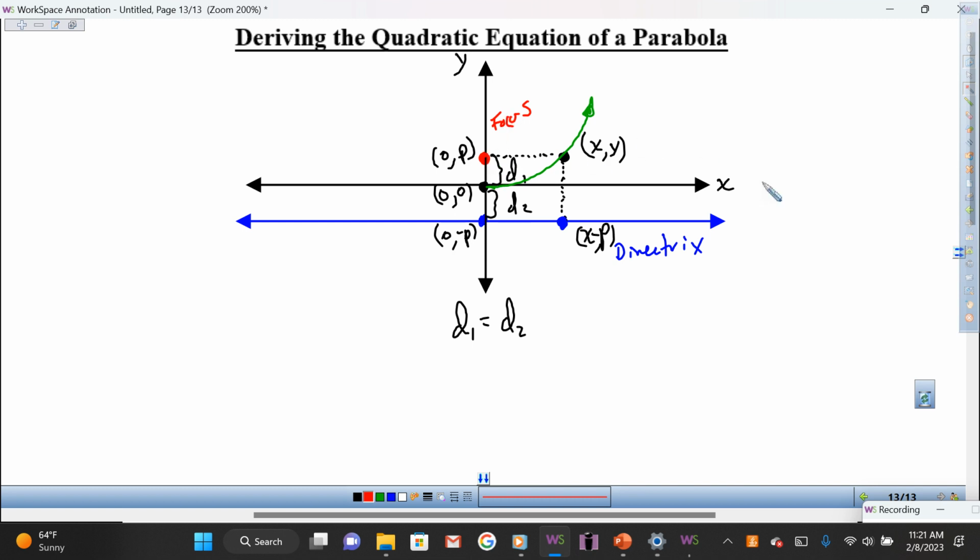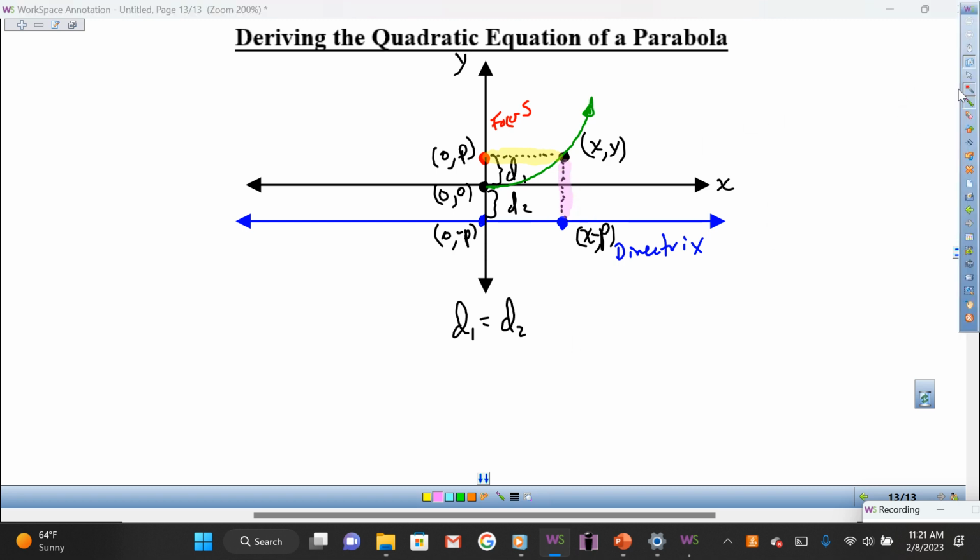All right, so writing utensils down, look up to the screen really quick. This is what I want to show you. We started off with distance 1 equal to distance 2. If I place another point over here to make our parabola, that means now I'm focusing on this distance and this distance. But what do we know?